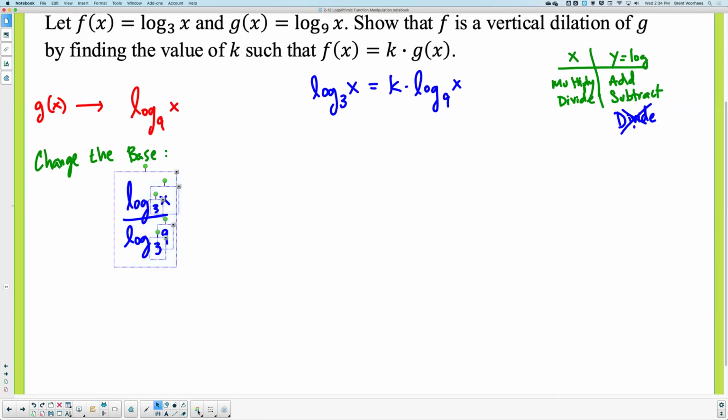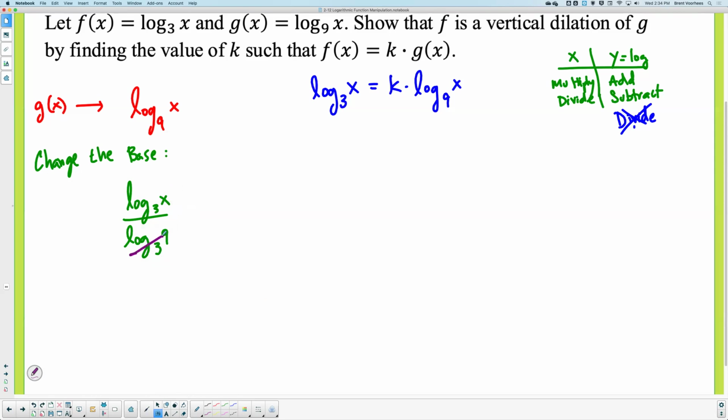Okay, now what should we do? What can we do here? Find the power. You want to evaluate. Let's evaluate that. We can evaluate log base 3 of 9.